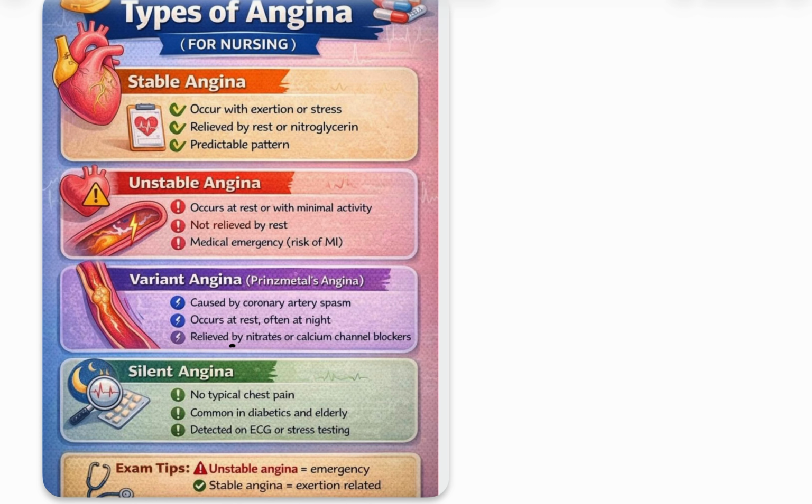What is a stable angina? The stable angina is also known as exertion angina. As the name suggests, the exertion angina or stable angina is caused due to the patient's increased physical stress or exertion.